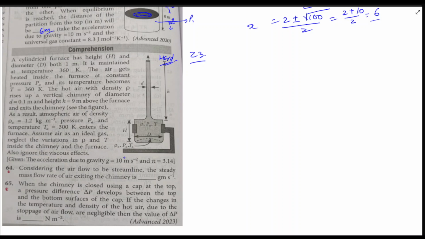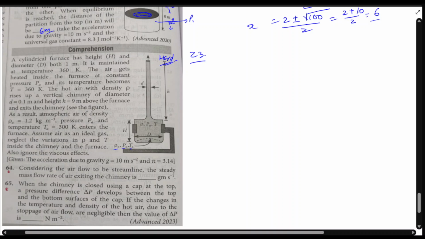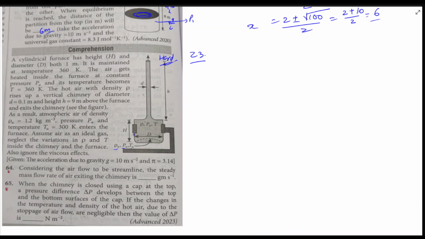Let me just explain. From here, gas is coming in on this side at density rho, pressure PA and temperature TA. This furnace is giving heat to this gas and the temperature is raised from TA to 360. Let me make the diagram here.